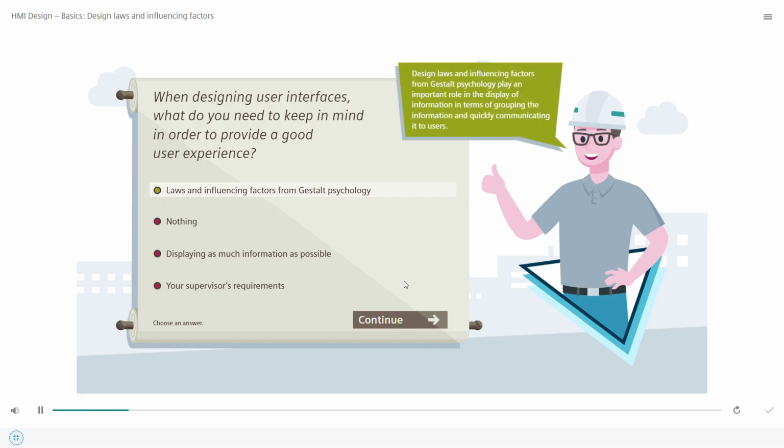Design laws and influencing factors from Gestalt psychology play an important role in the display of information in terms of grouping the information and quickly communicating it to users.